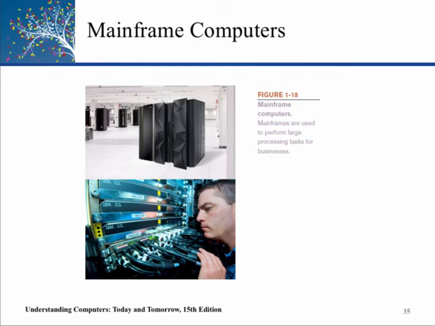It's big. It's used by organizations like universities, large businesses, government offices. Typically these mainframes have to be cared for using a lot of expensive air conditioning units, different fire suppression units. They're climate controlled. Okay, they're larger, more expensive, and more powerful than servers.